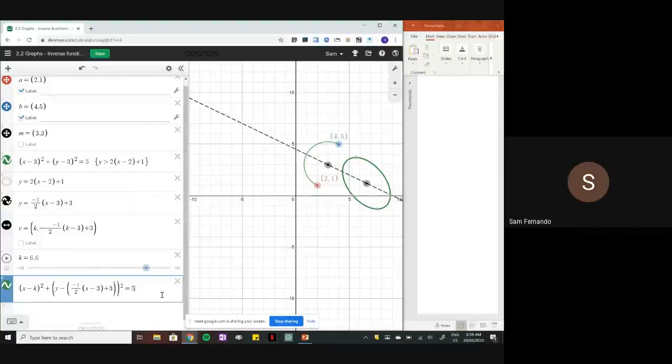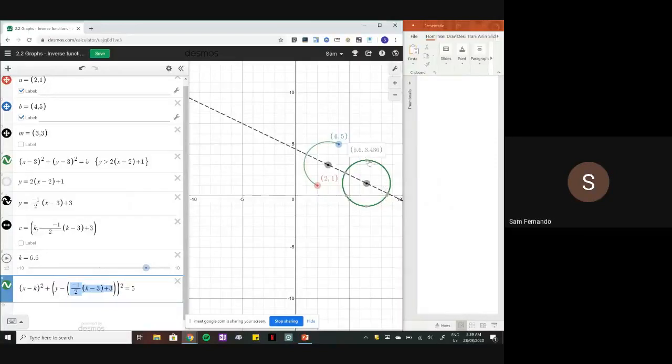So the X value has been shifted by K, and the Y value shifted by the corresponding Y value.